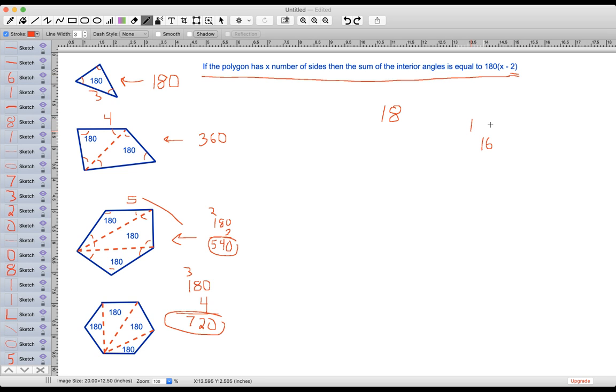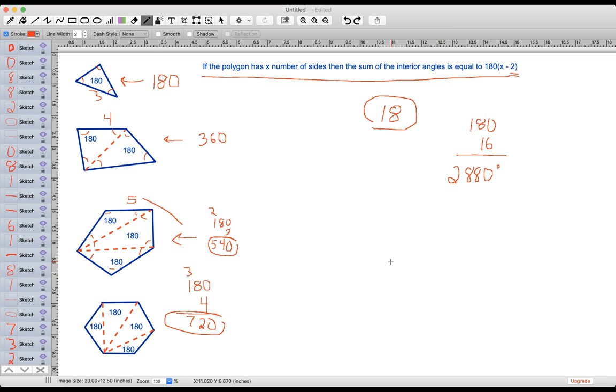So I would take 180, because each of those triangles adds up to 180, and there are 16 triangles in an 18-sided polygon. I'm just grabbing a calculator here, and I don't mind you using a calculator. 180 times 16 means an 18-sided polygon has an angle sum of 2,880 degrees. That would be the sum of all the interior angles.